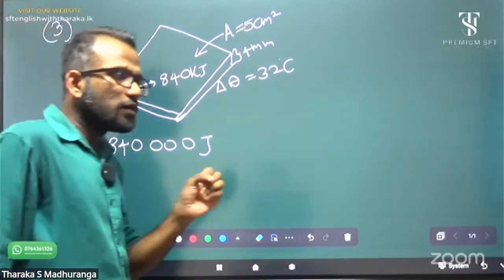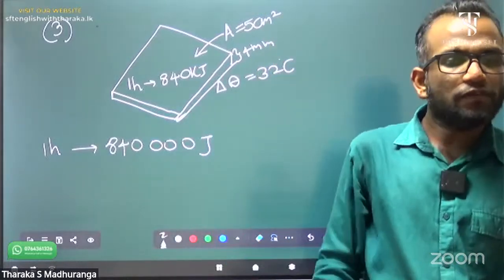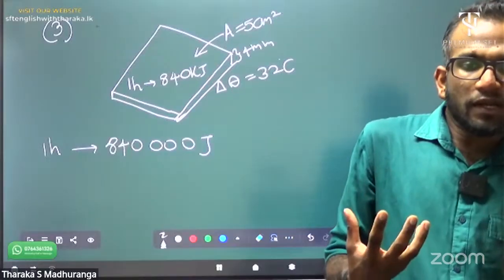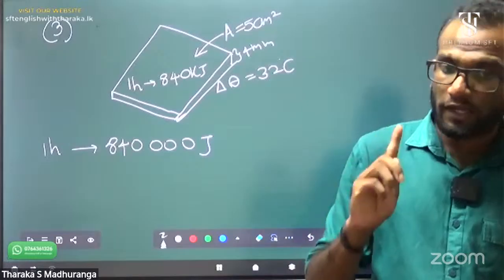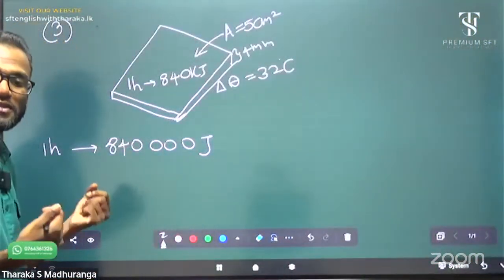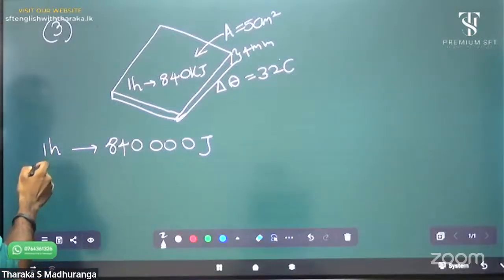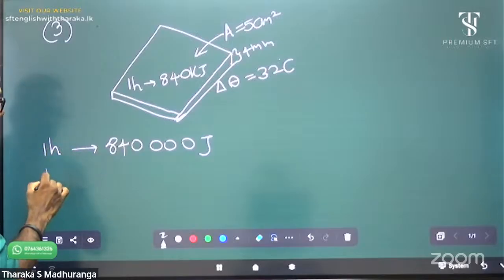But if you want thermal conductivity in watt, what's the meaning of it? It is the amount of heat energy flowing through a solid object within unit time. The standard unit of time is seconds. 1 hour means 3600 seconds.